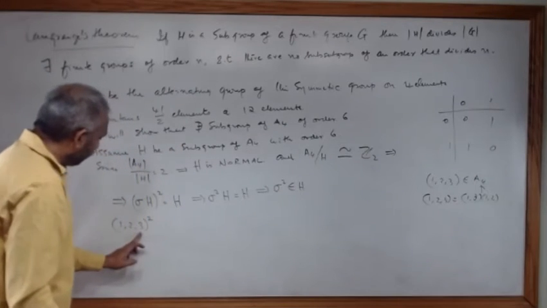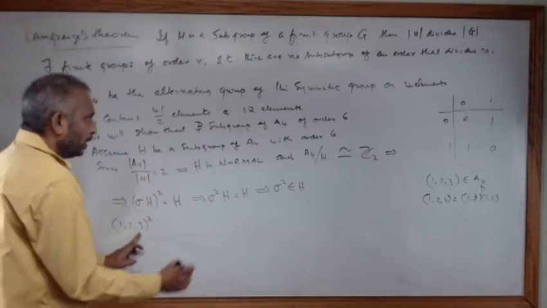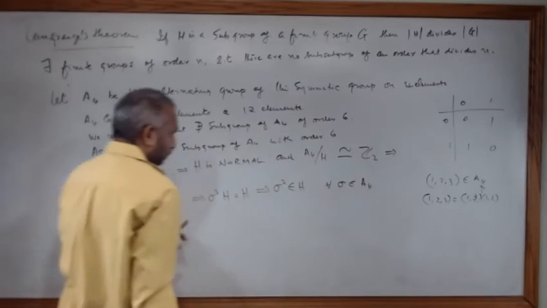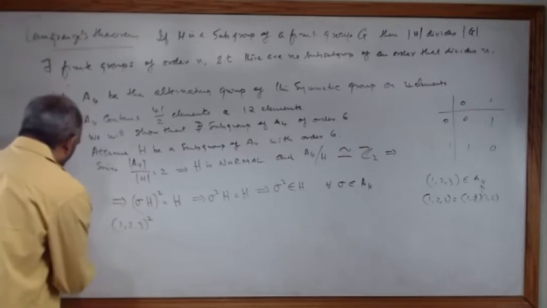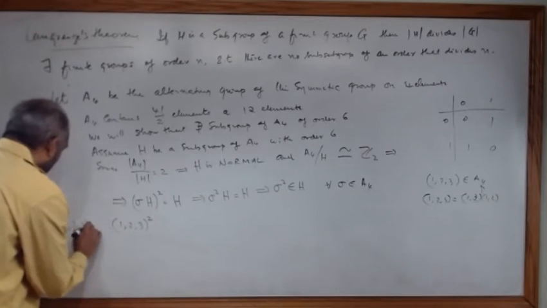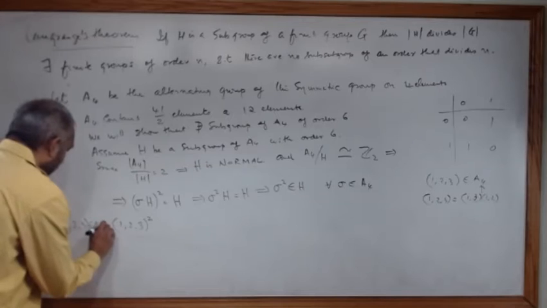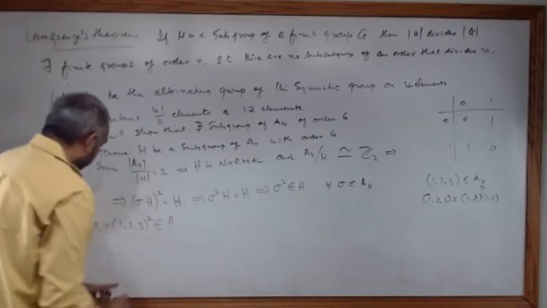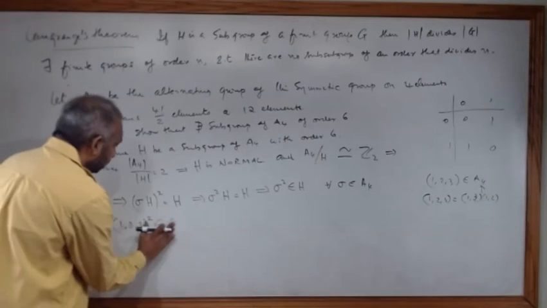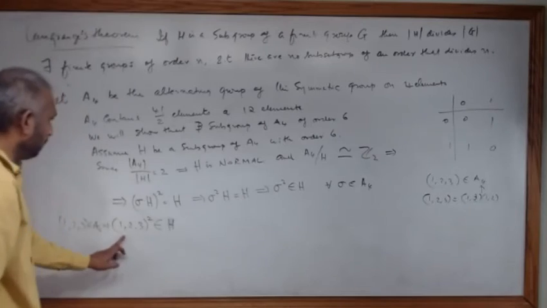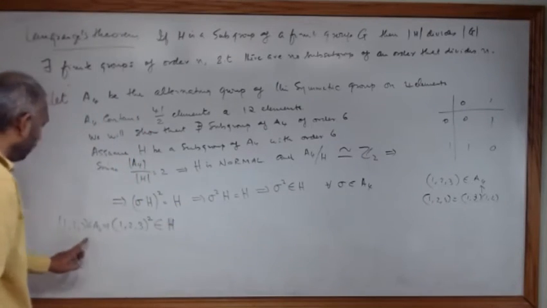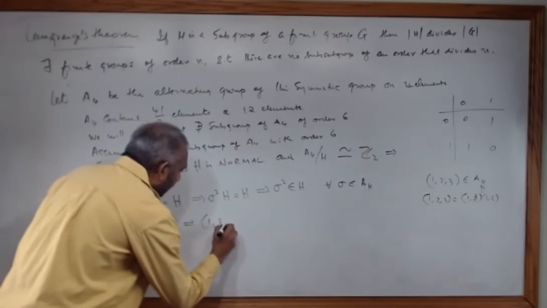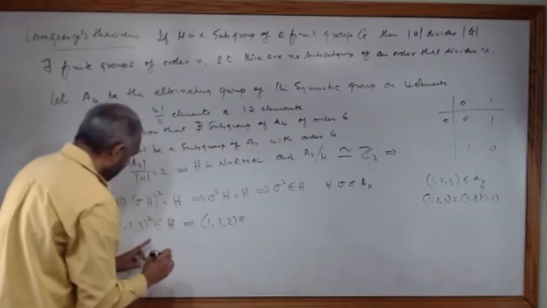So for all sigma in A4, sigma squared belongs to H. So (1 2 3) belongs to A4 implies its square also belongs to H, and that is nothing but (1 3 2). So (1 3 2) belongs to H.